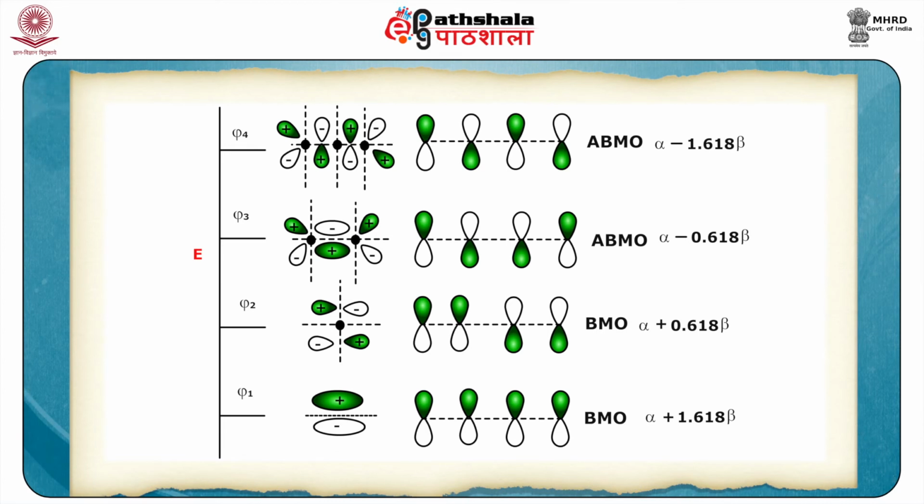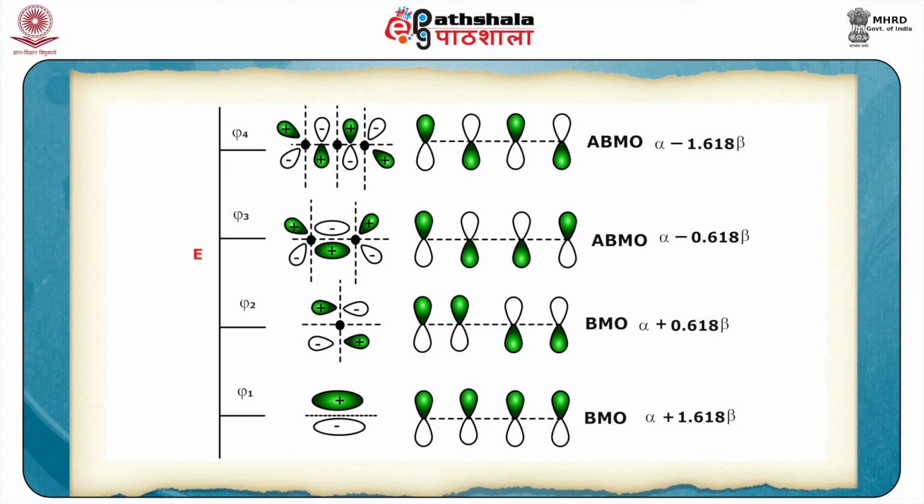In the same way, you can see yourself that for the highest energy orbital, that means the antibonding molecular orbital with energy equal to alpha minus 1.618 beta, there are correspondingly 3 nodes.